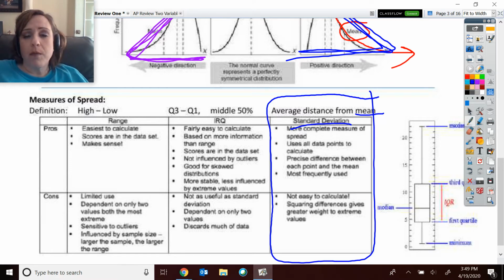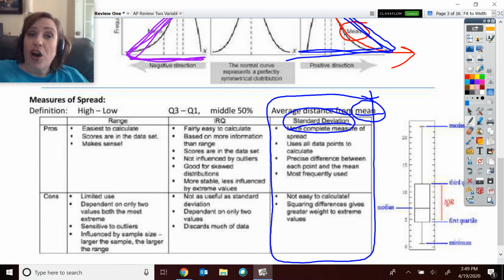But the problem is both mean and median are affected quite a bit by any outliers or skew. Okay, so we would definitely not want to use the mean for center and standard deviation for spread in the event of skew or outliers.